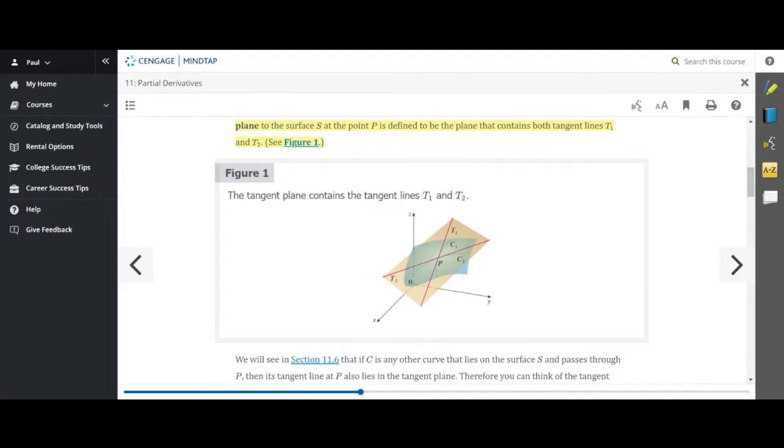If we take the plane y equals y sub 0, okay, take that vertical plane and cut the surface, the cut will look like that curve C1.